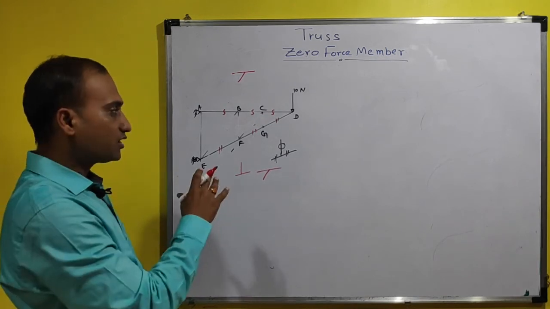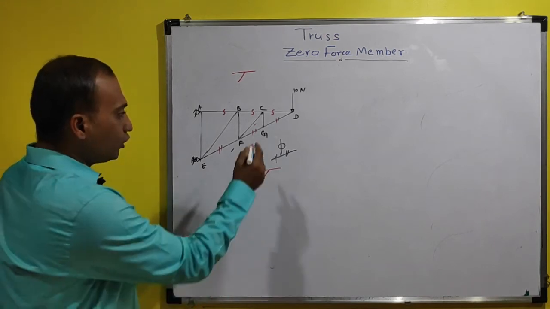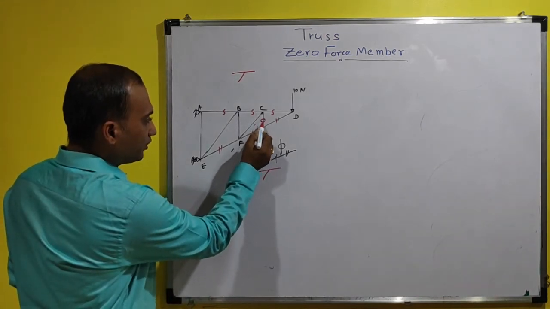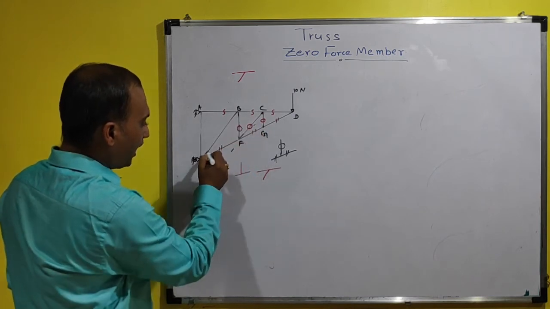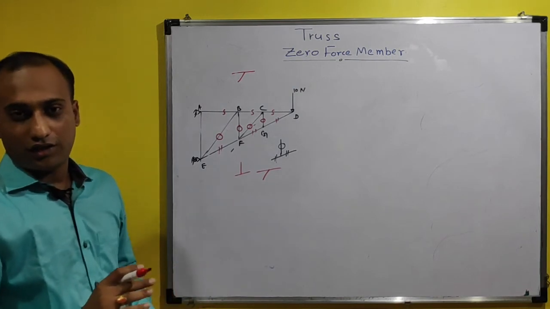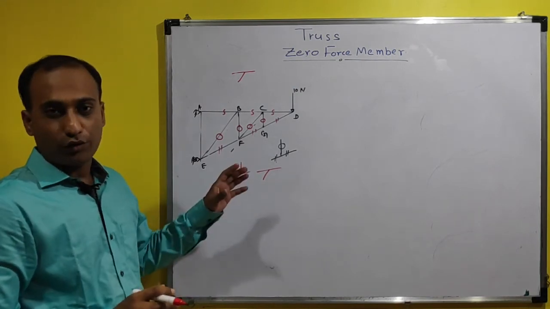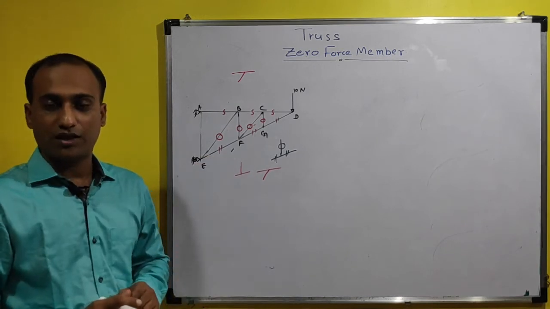Now let's redraw the structure. After redrawing, we have observed that the CG member, CF member, BF member and BE member are carrying zero force. This is how we have to observe the structure and find out the zero force members.